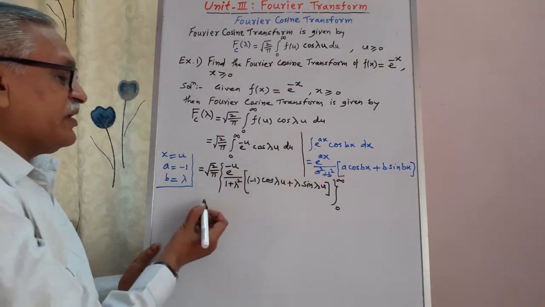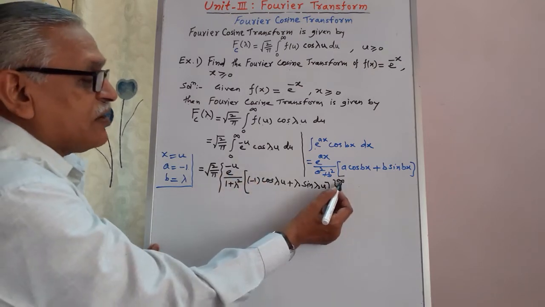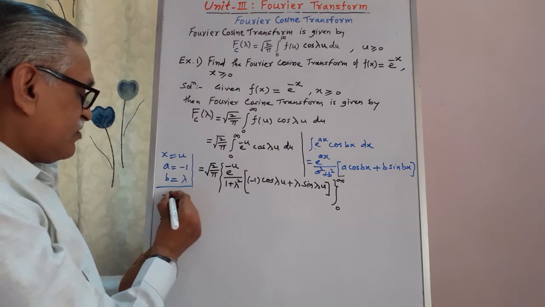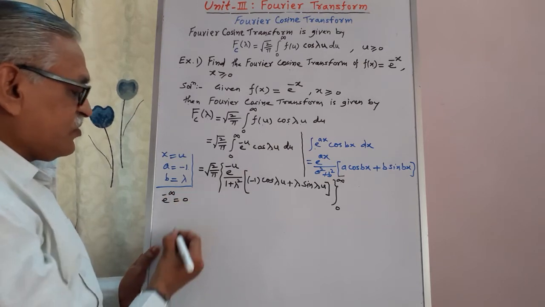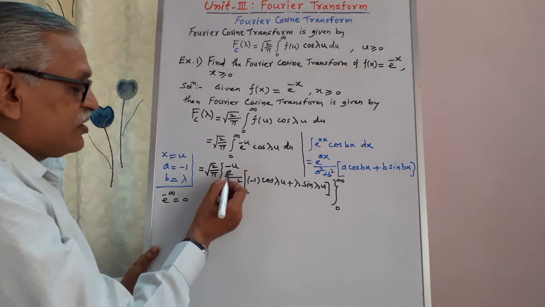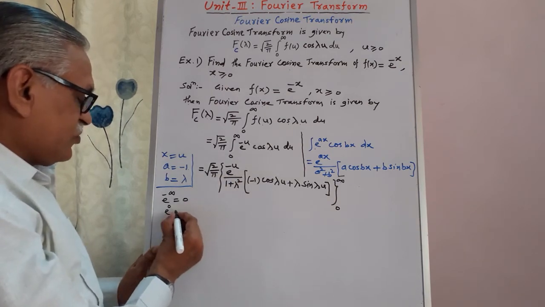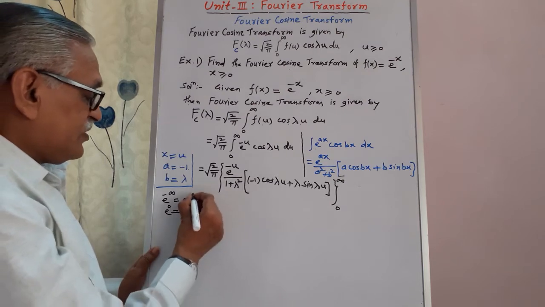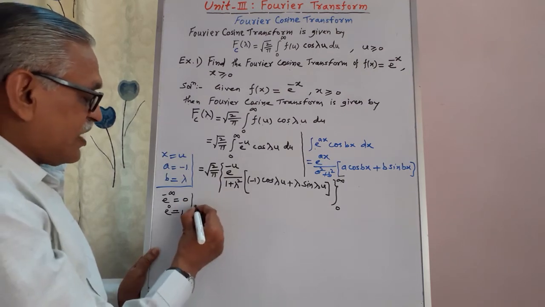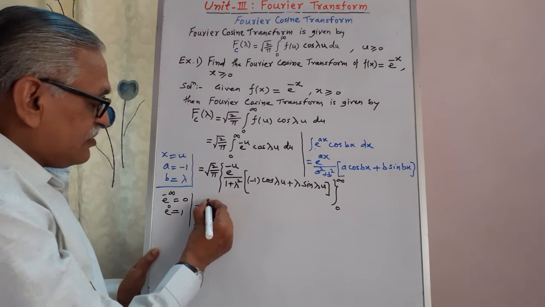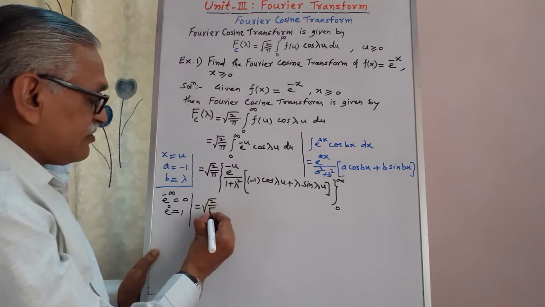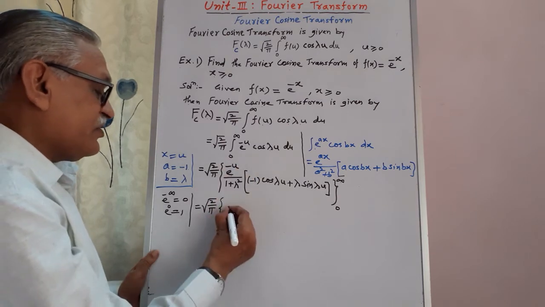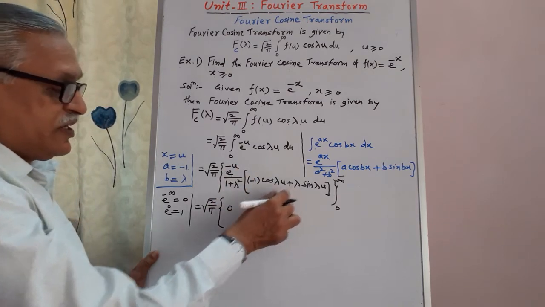Substituting the upper and lower limits for u, when we put the upper limit as infinity, it becomes e raised to minus infinity. We know that e raised to minus infinity is 0. And when we substitute the lower limit, we get e raised to 0 as 1. And therefore, using these two standard values, we get root 2 by pi, e raised to minus infinity is 0, 0 into anything we get 0.